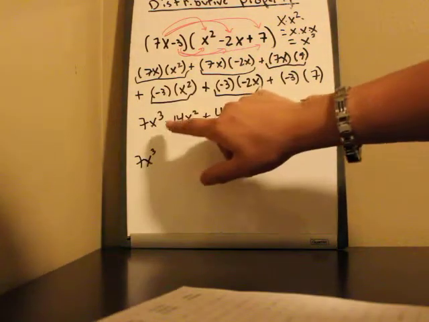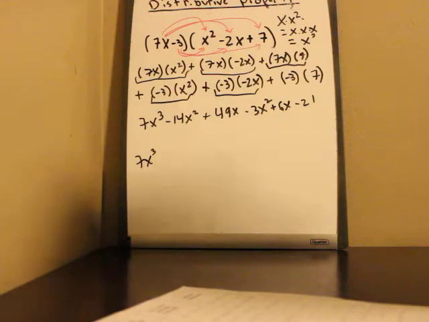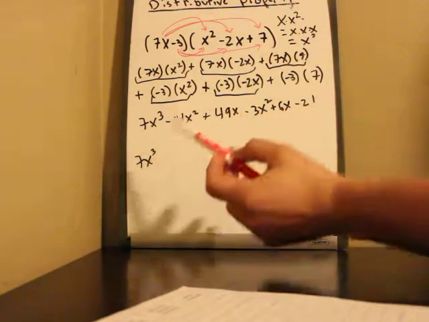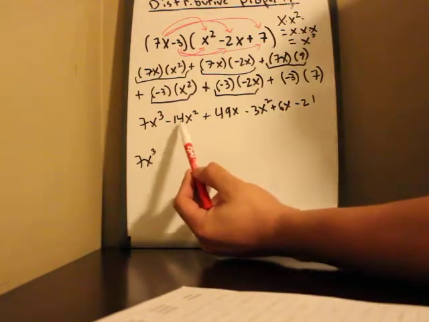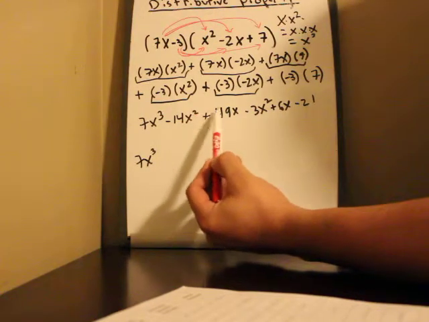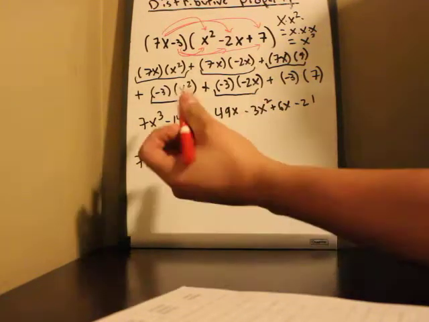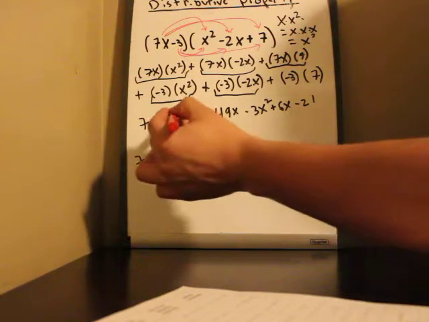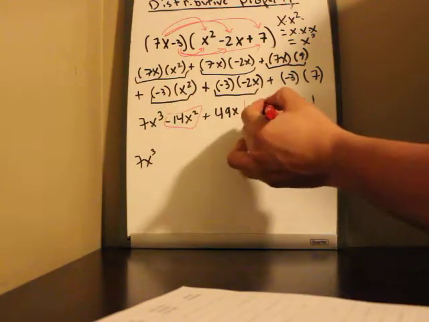Now look at this. Are there any numbers that are being multiplied by x squared? We have negative 14x squared, and I look around, this is not it. Oh, look at that. We have negative 14x squared, and then we have negative 3x squared.